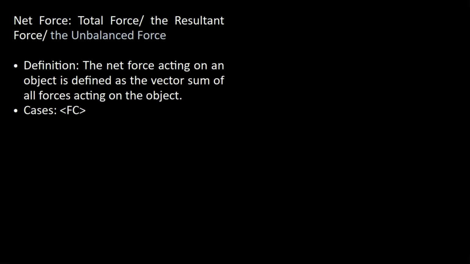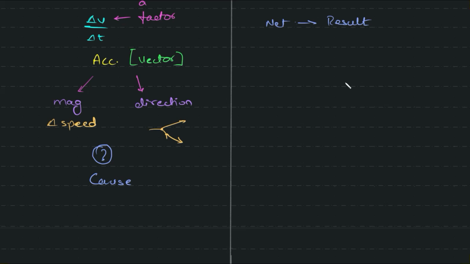unbalanced need not be actually. So the net force acting on an object is defined as the vector sum of all the forces acting on the object. So basically, if we have an object, there are many forces acting on it. For example, say 2 Newton of force is acting and say 1 Newton of force is acting.